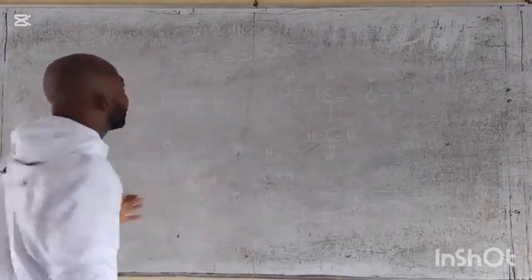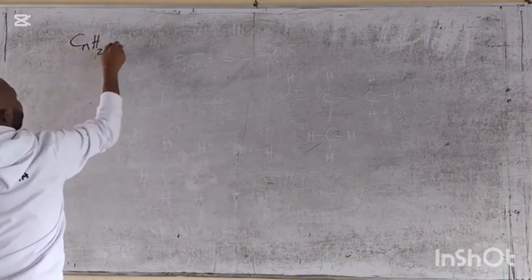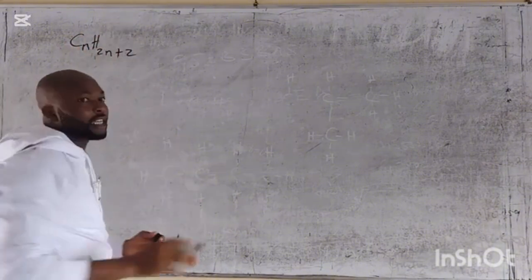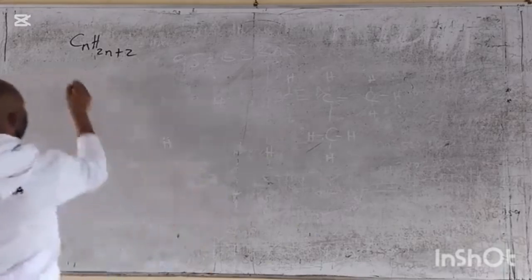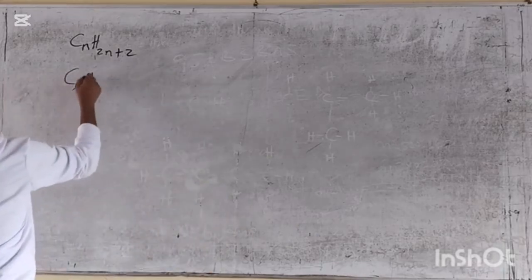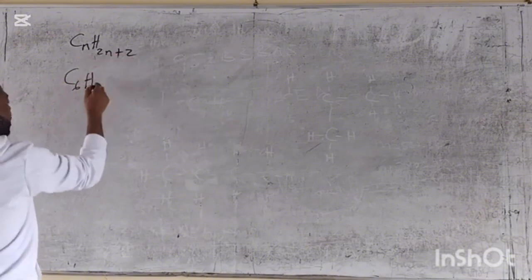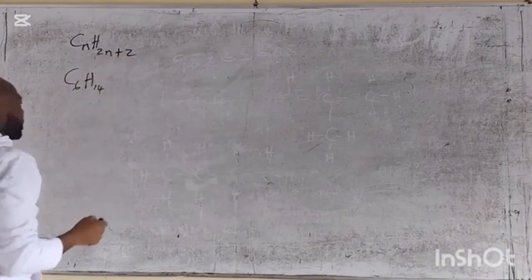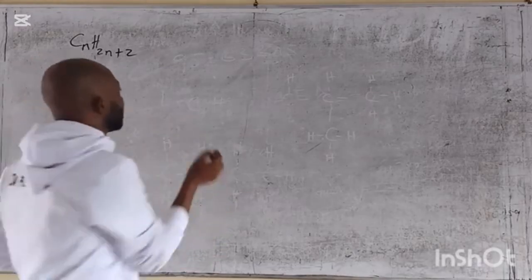Remember, in our case, our general molecular formula remains as CnH2n+2. So let's take hexane, for example. C6, H: 2 times 6, 12, plus 2, 14. H14. So this is our molecular formula. Let us see the isomers we can get from it.